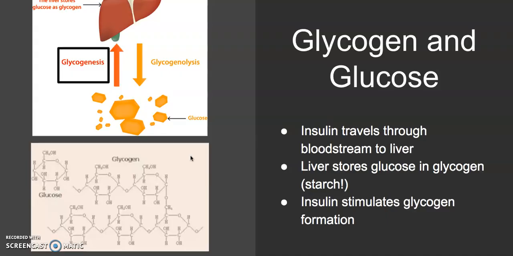Glycogen is these long chains of glucose molecules. It's also called starch. So this is a glucose molecule, and this is a glycogen. This is a way for the body to store all of that sugar and save it for a time that it might need some sugar.